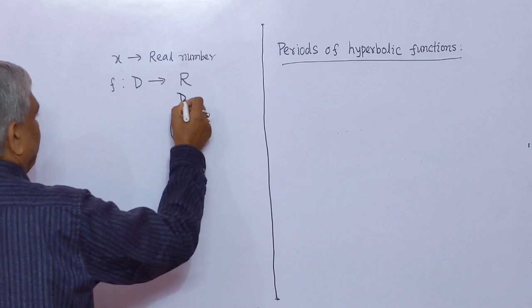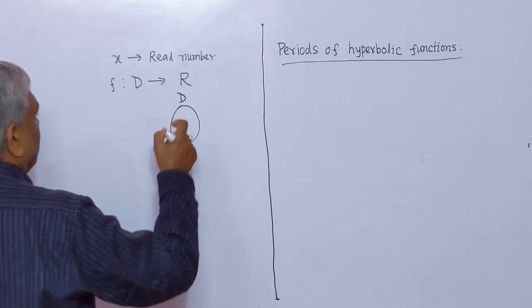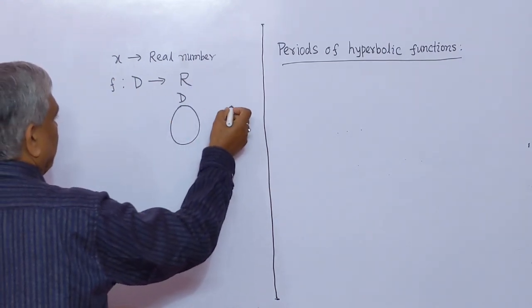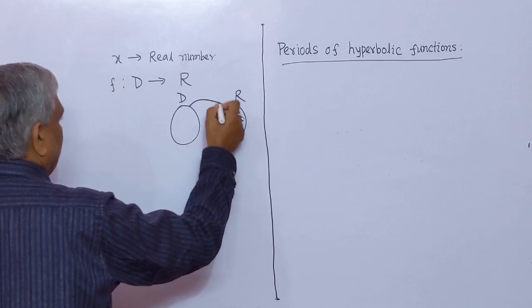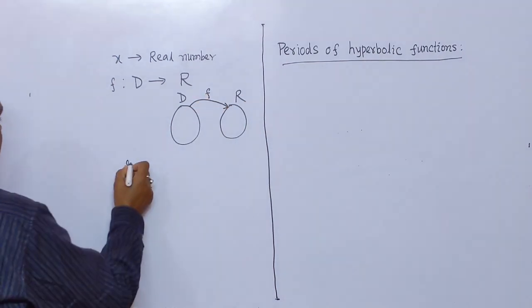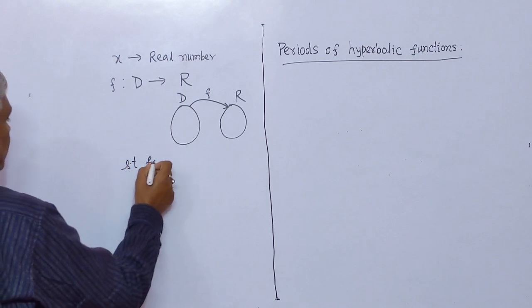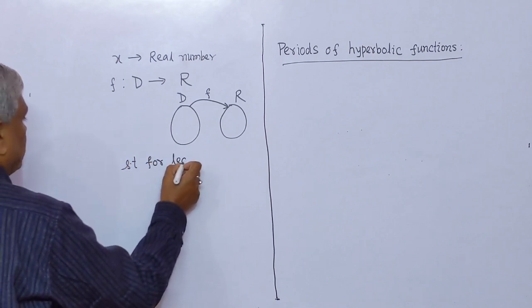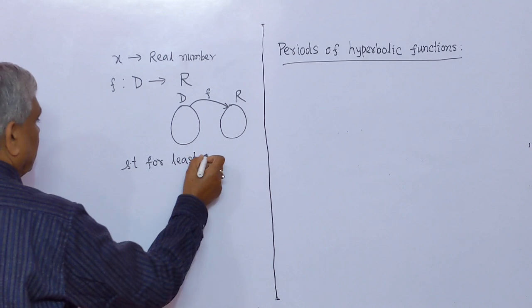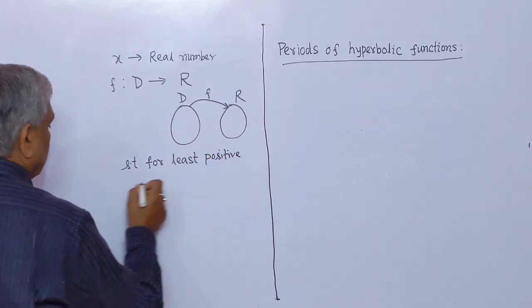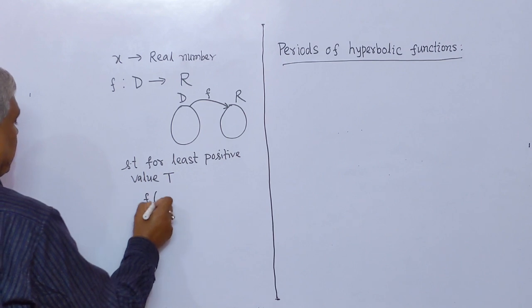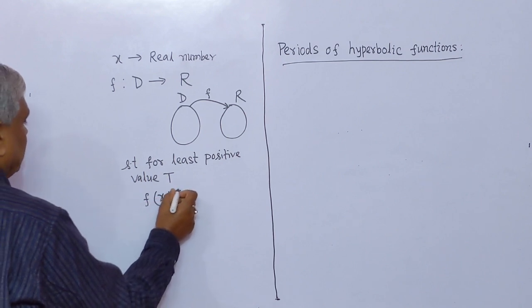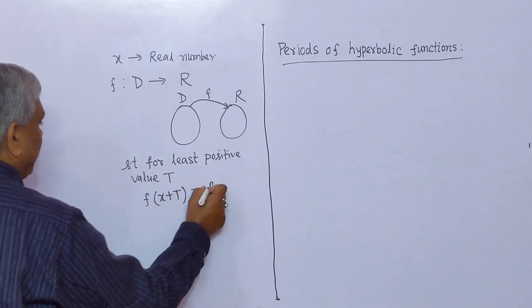This is the domain D. This is also a real number and this is a real number. This is a function f such that for the least positive value t, f(x plus t) equals f(x).